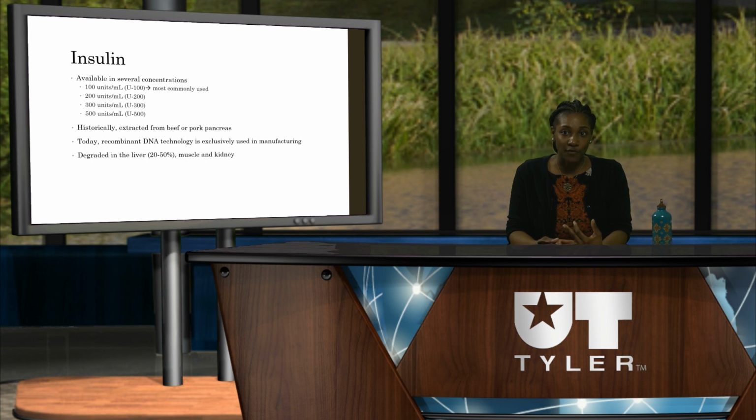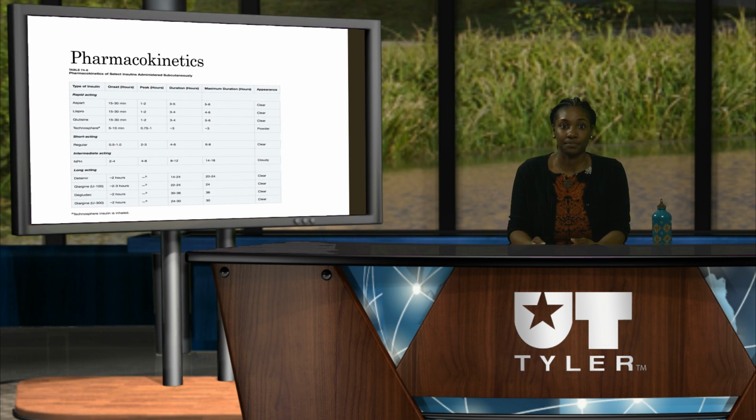Eli Lilly and Sanofi use a non-pathogenic strain of E. coli to manufacture their insulins, and Novo Nordisk uses a form of baker's yeast to synthesize their insulin. Keep in mind that insulin is degraded in the liver by 20 to 50%, but it can also be degraded in the muscle and the kidney, though mostly in the liver.